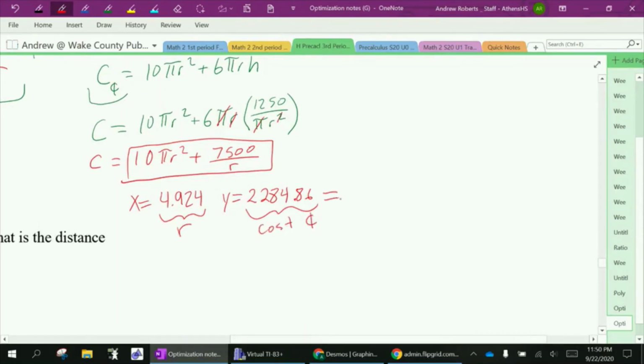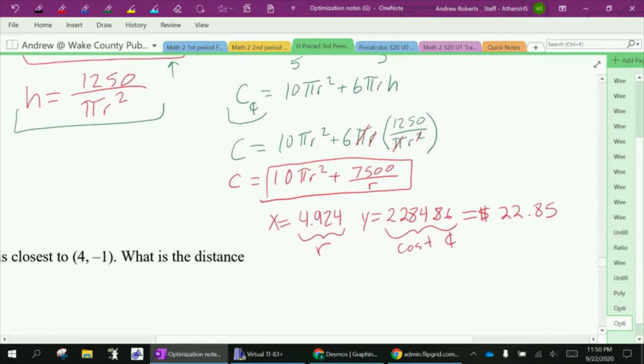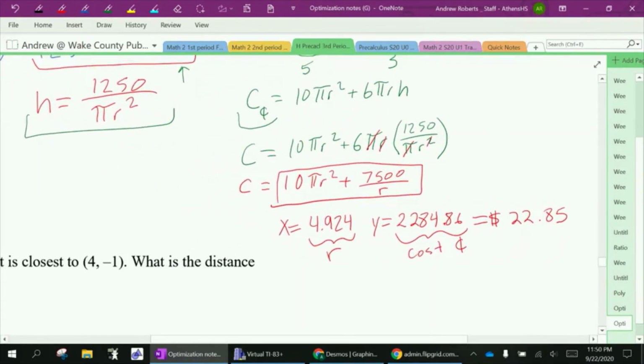So in dollars, that's going to be $22.85 if you round it like you're supposed to. Okay. And then if I want to find my height, I can go back over here and just plug in my radius. 1,250 divided by pi times 4.924 squared.